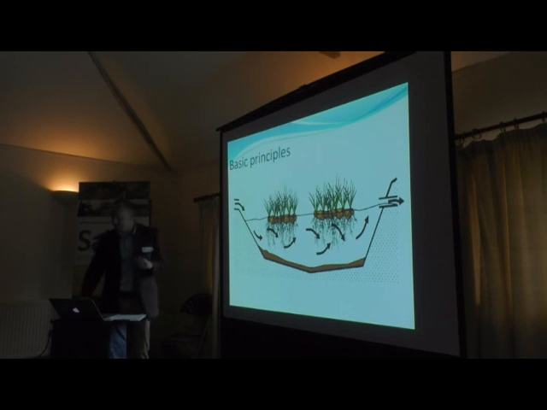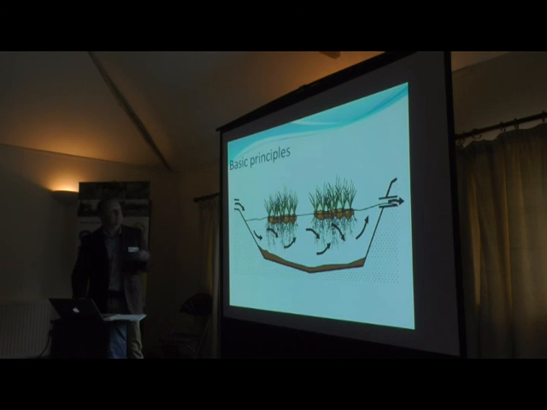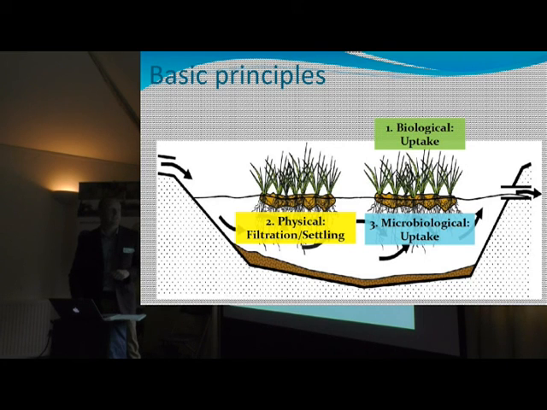The roots can enter it in various directions, but the water's passing through like a normal basin and will be intercepted by these roots, and the roots will actually intercept the particles, and they'll cling to the roots and slough off, and so basically it assists with the particle settling. You also get absorption by the plants and microbiological activity as well. On the roots is a very high surface area for microbiological activity. So you've got your biological uptake, physical filtration and settling, and microbiological uptake and processing.